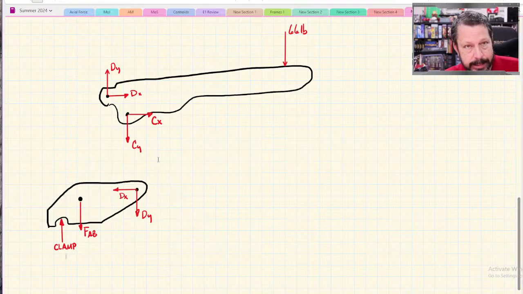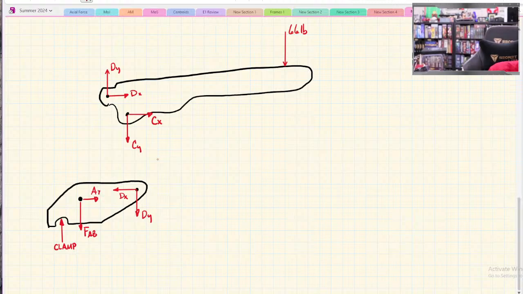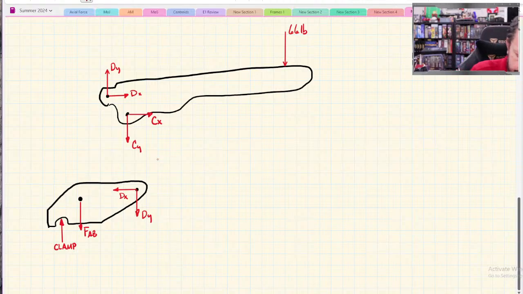Based on this diagram, since I knew that member AB was a 2-force member and I did not draw AX, and I'm assuming that the force in the 2-force member is vertical because of the way it looks in the picture, that means this part of my bolt cutter, or crimper in this case, does not have any forces in the X direction, which means DX has to be 0.